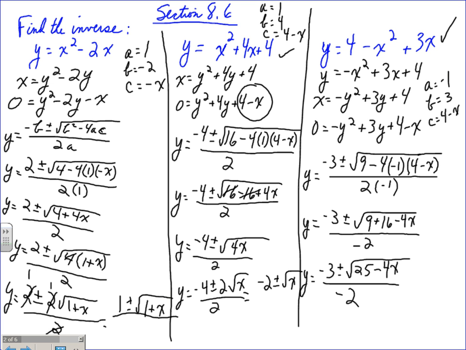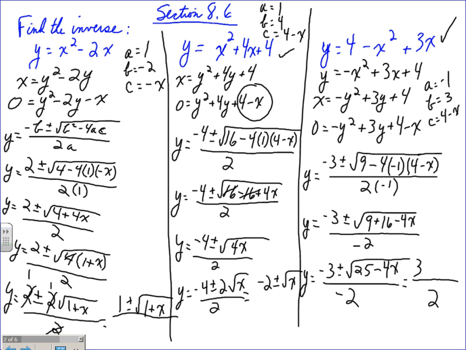No. All right. What I can do, though, is I can divide all three terms by a negative. Because I don't like that negative in the denominator. So negative 2 divided by negative 1, that's a positive 2. Divide the negative 3 by negative 1, I get a positive 3.